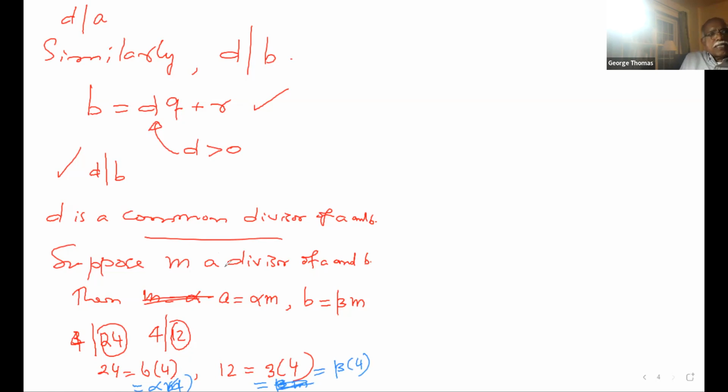If M divides A, A equals M times alpha. If M divides B, can you have beta equals alpha? What happens if beta equals alpha? Then A equals B. That's how come I chose a different symbol here.